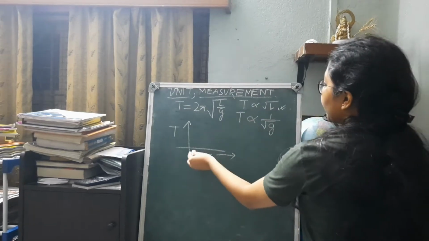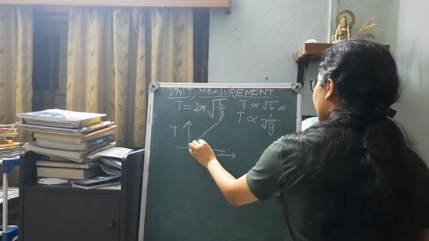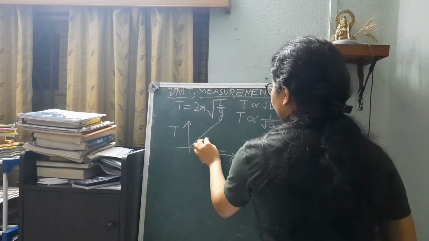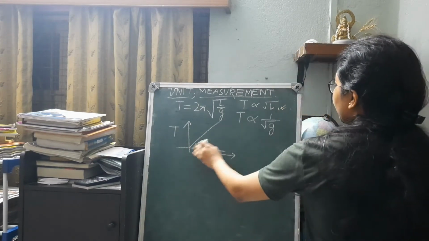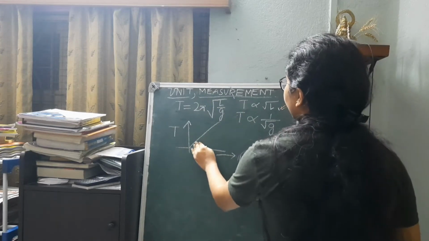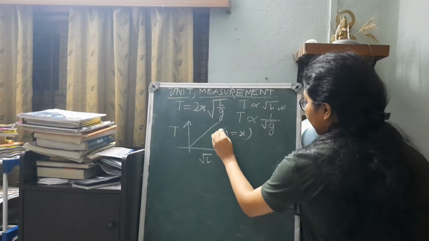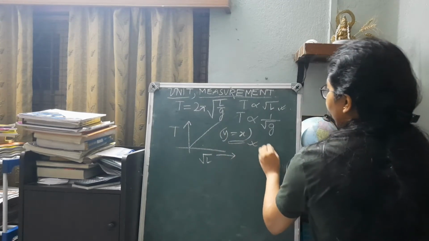It is directly proportional, so a line having an angle of 45 degrees. Because it is directly proportional, it is a straight line that varies directly with respect to each other, that is, y equals x, this sort of a curve.